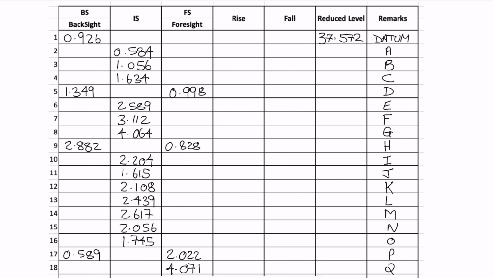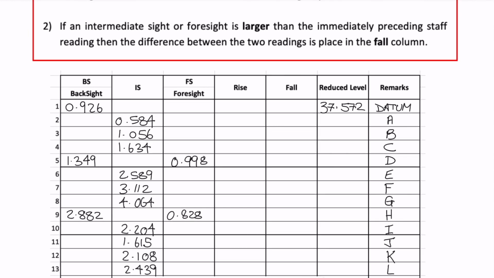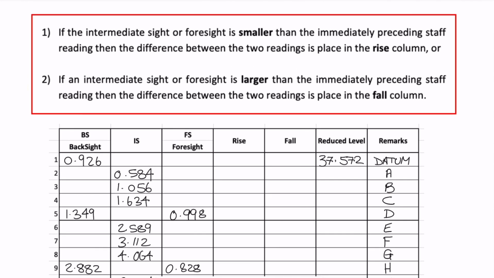To do this, we take a pair of readings, one after another, work out the absolute difference, and if the second of the 2 readings is smaller than the preceding one, that represents a rise, then the absolute difference is entered under the rise column. If the second reading is larger than the preceding one, that represents a fall, then the absolute difference is entered under the fall column.